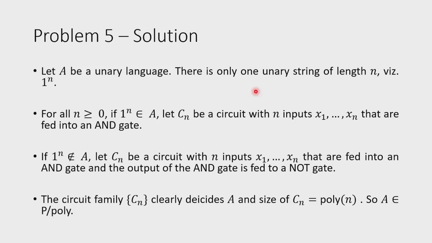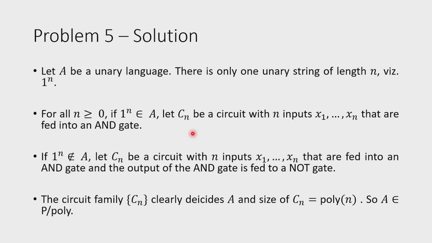Now, only one of two things is going to happen. Either 1 to the n is going to be in the language, or 1 to the n is not going to be in the language. Now, suppose 1 to the n is in the language. Because we are allowed to have one circuit for each and every value of n, we are allowed to create a special circuit that recognizes just 1 to the n.